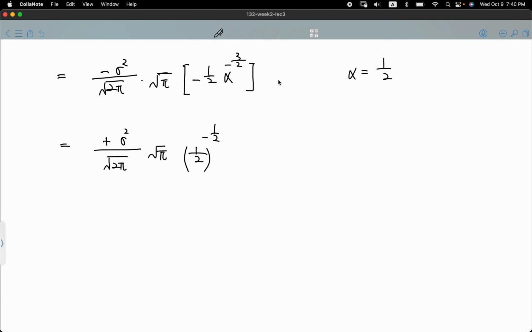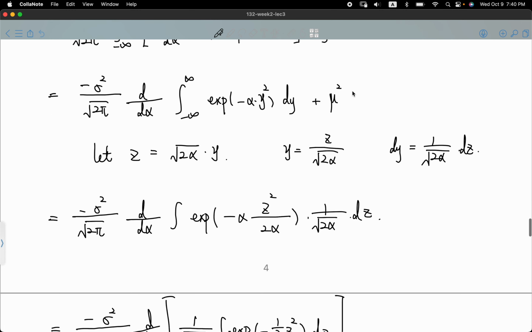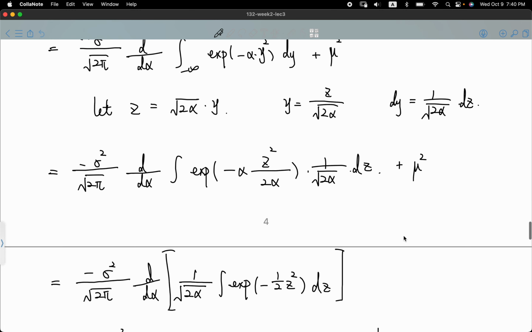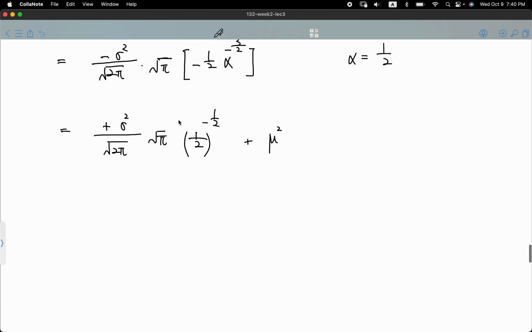And also don't forget there's a mu square somewhere from here. So there's also a mu square afterward. So that's that. And then you will see that this is essentially just square root of pi and square root of 2, square root of 2 pi.